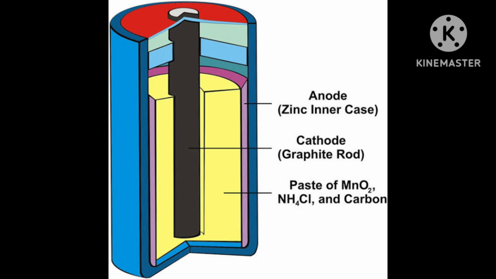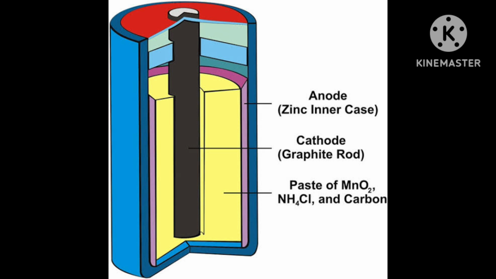I am telling you always, if you are talking about batteries, it means you are talking about the cell. Then for a primary battery, what are the electrodes? Means anode and cathode, and electrolyte. Always you should know these three things.